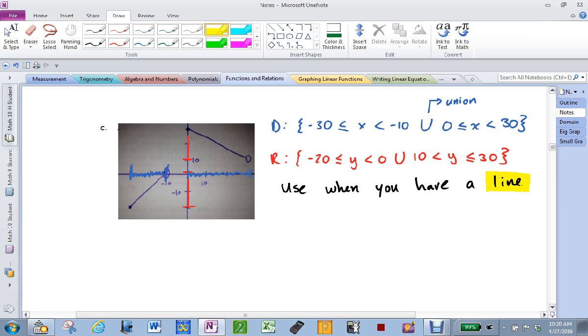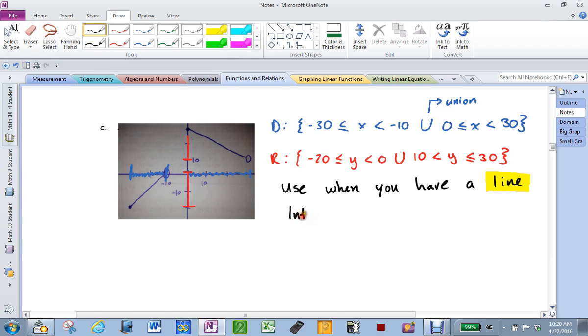Now, if I graphed an oval, is that a line on the graph? Yes, so you could use this. It's not necessarily a line. The only time it doesn't work, what I'm about to show you, is if I have a bunch of dots. Then you're not allowed to use what I'm about to show you. Everybody with me?